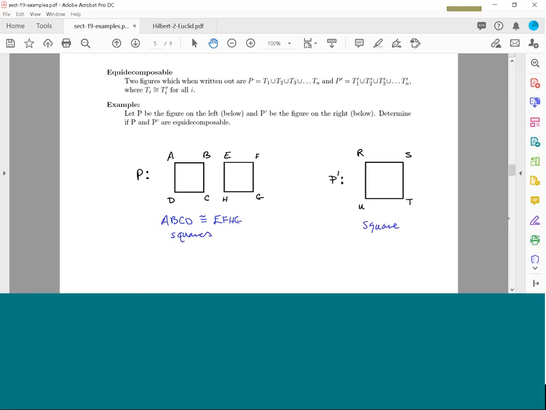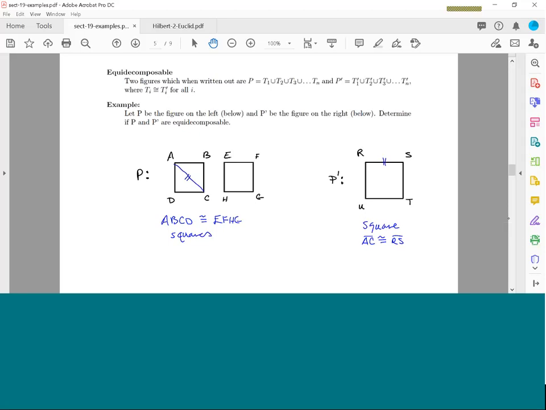And that's just going to give us that all of the sides are congruent and all of our angles here are right angles. And the other thing that we're going to have is the line AC, which isn't drawn in yet, but is the diagonal of that first teeny tiny square over in figure P, is congruent to the side RS.